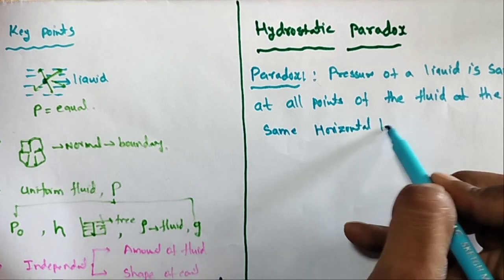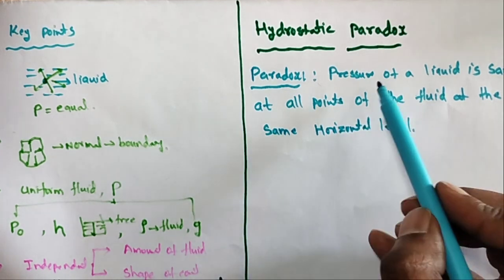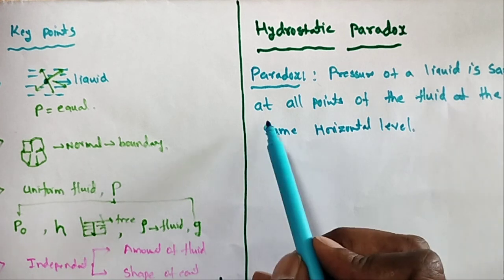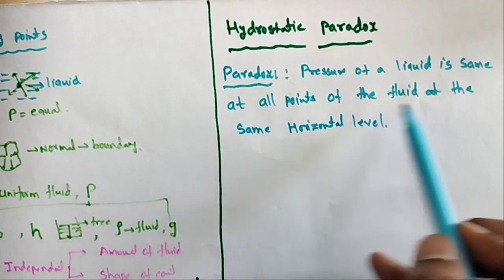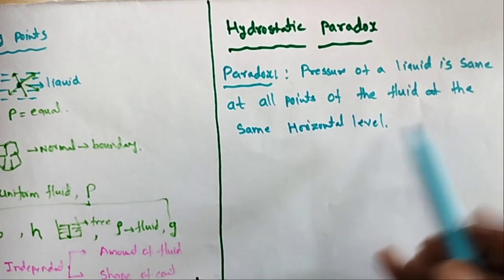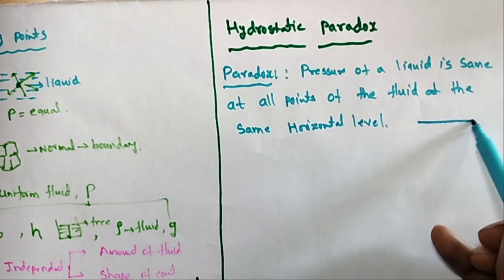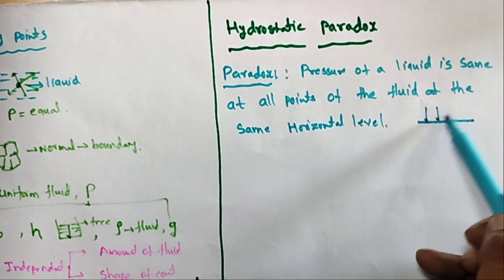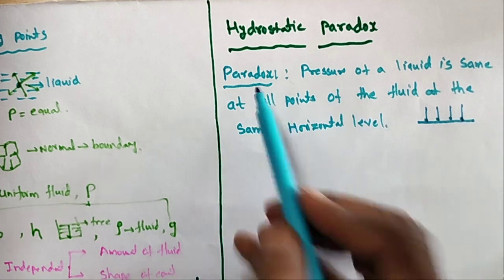This is a horizontal level, and at this level the pressure is always constant. So that is called a paradox.